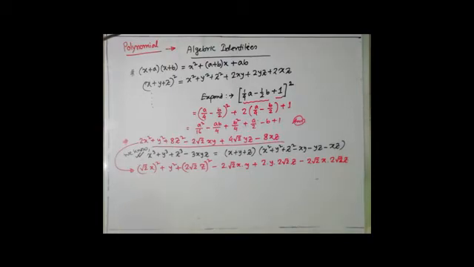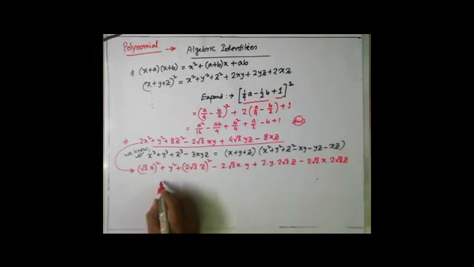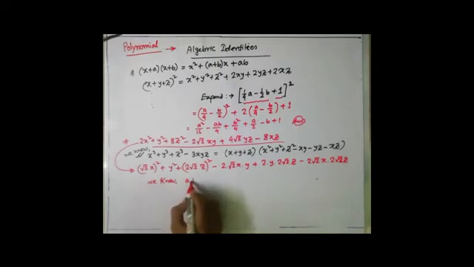Isn't it? And suppose I am getting that equation, suppose the identity we know: a plus b minus c whole square.